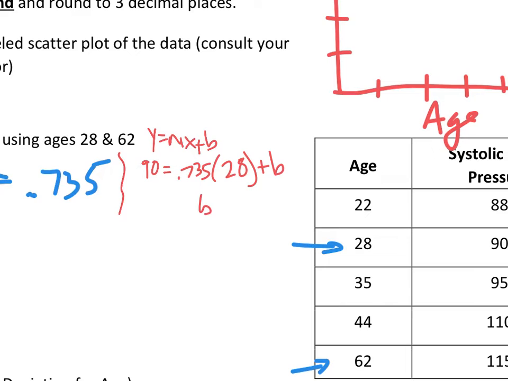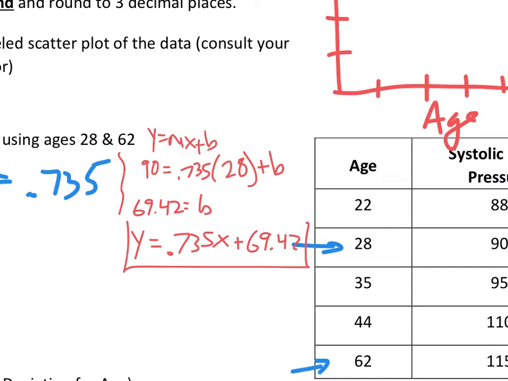And you're going to get b is about 69.42. So that gives us our equation. y equals 0.735x plus 69.42. Okay?